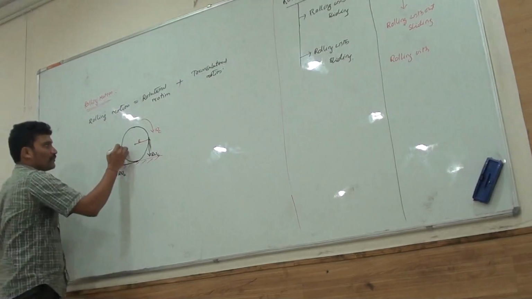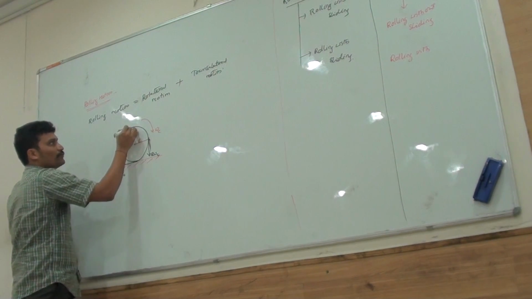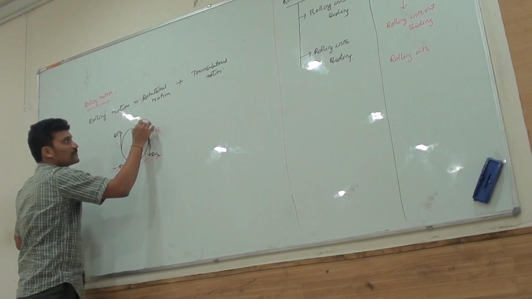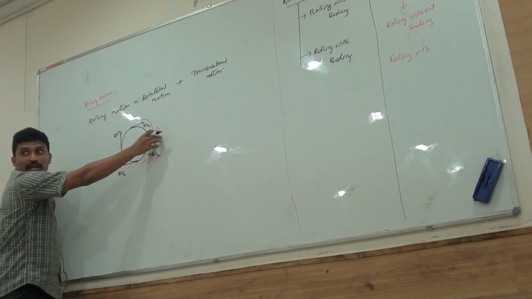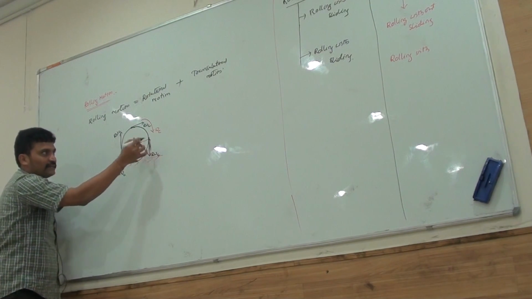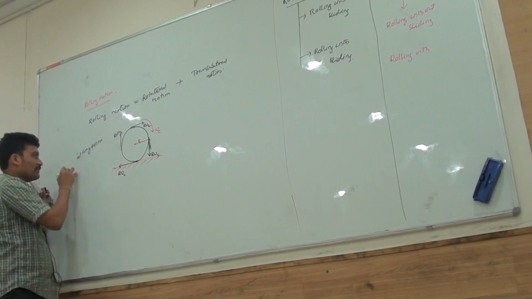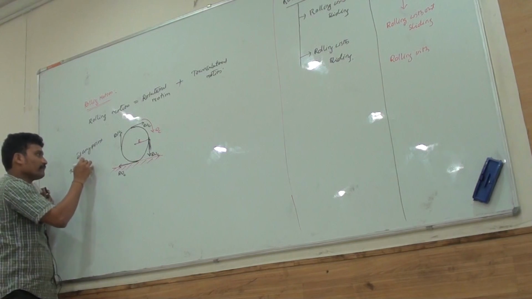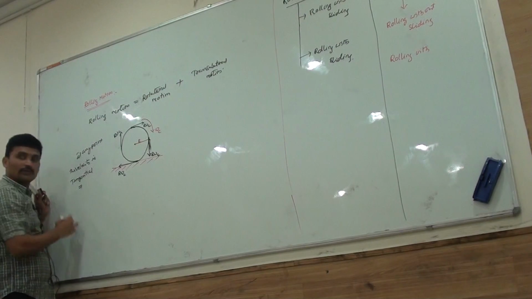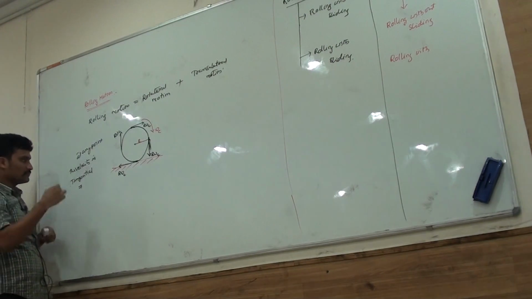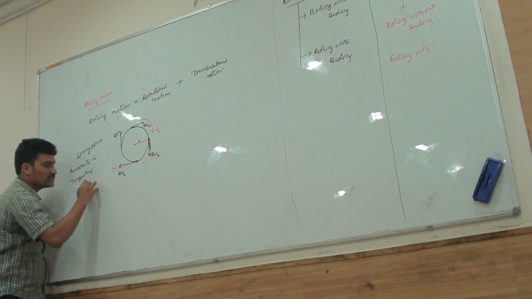At this point the velocity is r omega c, and at this other point the velocity is also r omega c. So when the body is rotating with angular velocity omega c, at any point the velocity is tangential, equal to the product of the radius of the body and the angular velocity.